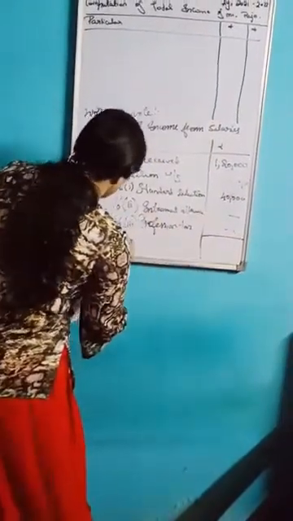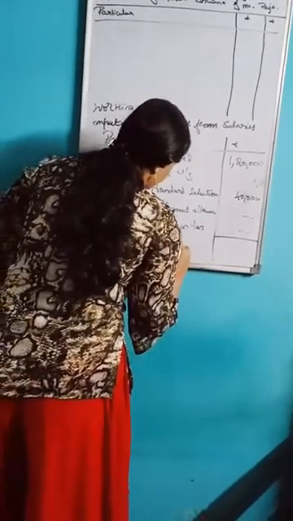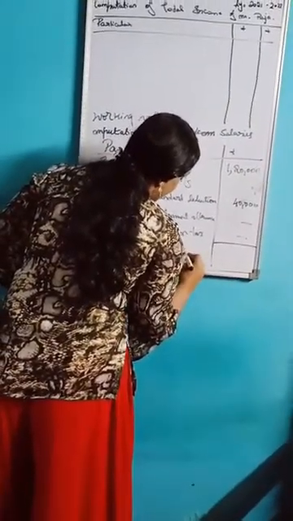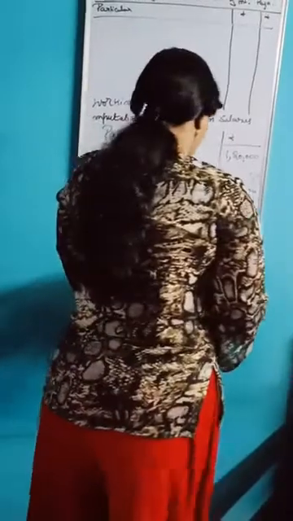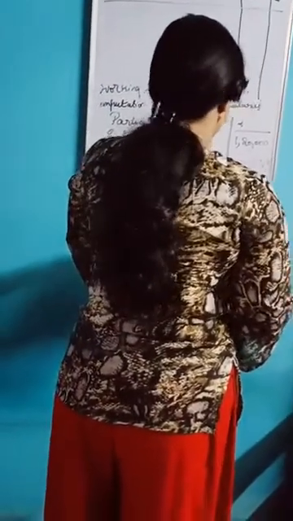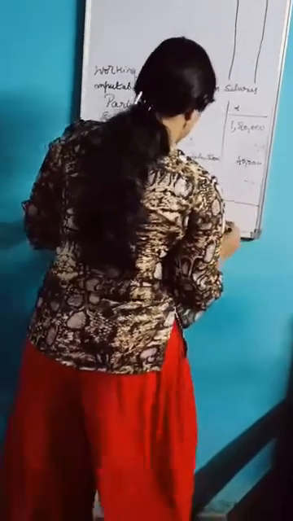that will come as income from salaries. So here 1,20,000 minus 40,000, you will get 80,000.